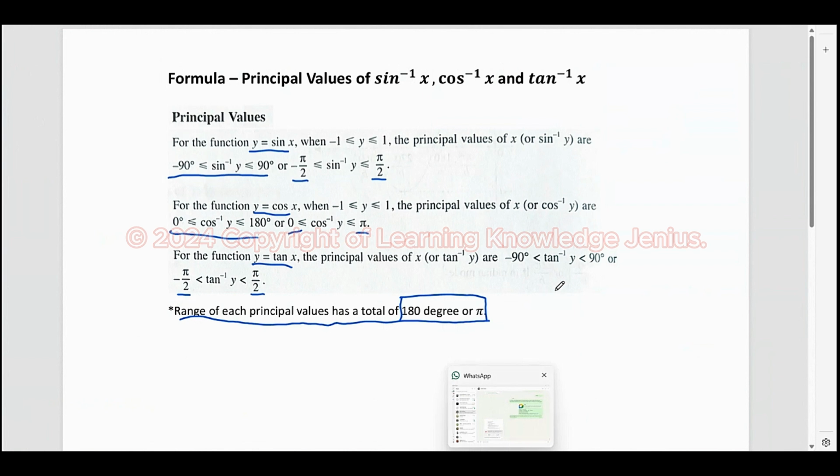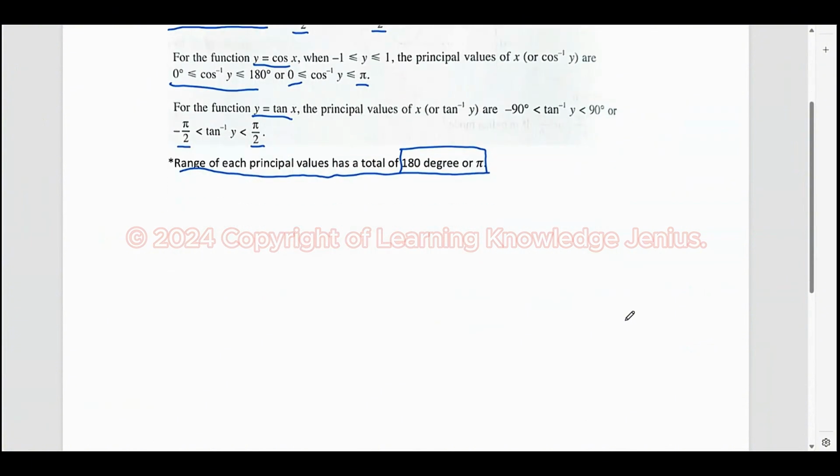Later I will tell you what is special about the principal value. Recall what we have learned previously: we use ASTC to help us solve the question. For ASTC, there are two ways we have the angle. One is going anti-clockwise, where we will have the answer in terms of alpha, 180 minus alpha, 180 plus alpha, or 360 minus alpha.